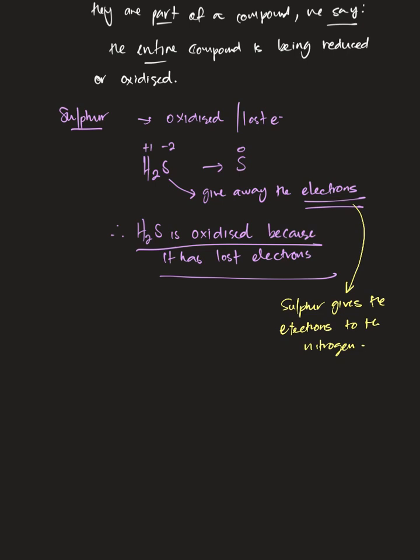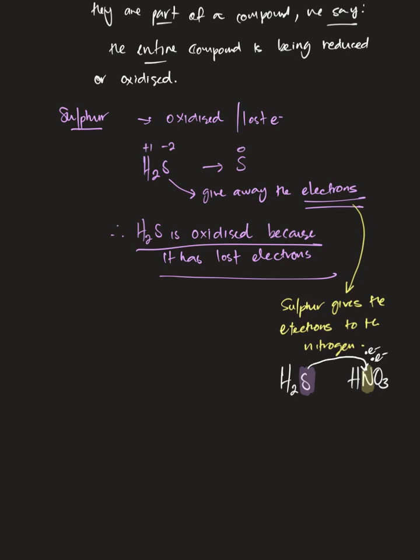So basically I've got H2S and I've got HNO3, and my sulfur is going to give away its electrons to the nitrogen. The sulfur is giving away, in this situation, 2 electrons.